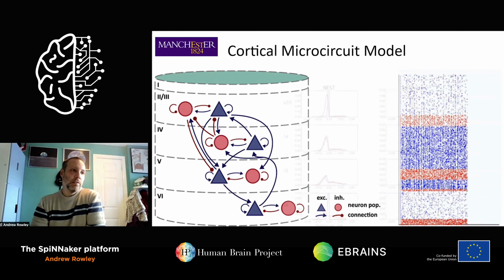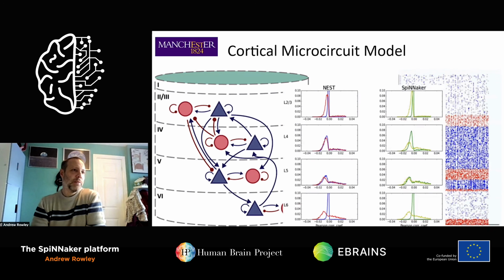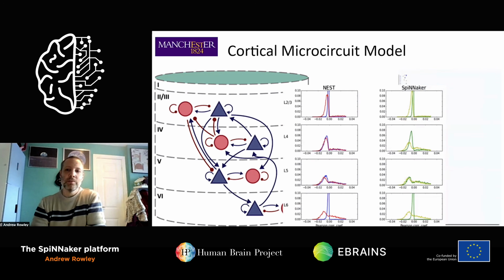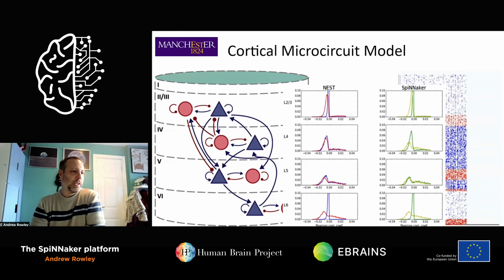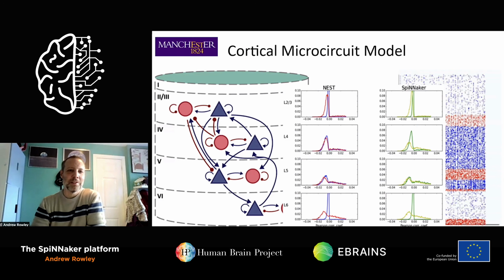And we've also shown that this ran networks with similar results to a NEST simulation. So we did some fairly complex statistical analysis to show that the output was basically the same, which meant that we're validating that SpiNNaker is doing the right thing, because of course the software is different. So it's not just NEST on a SpiNNaker machine. We've had to do our own software implementation.